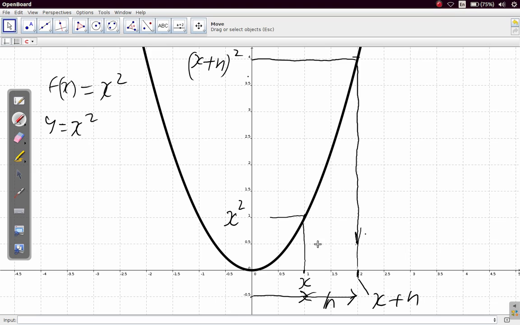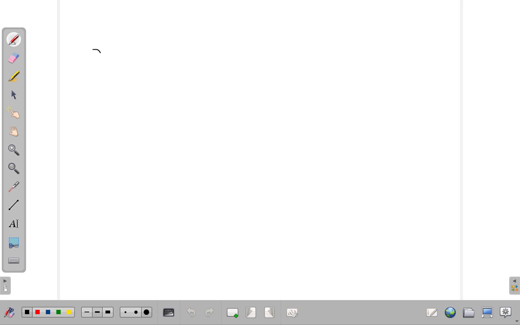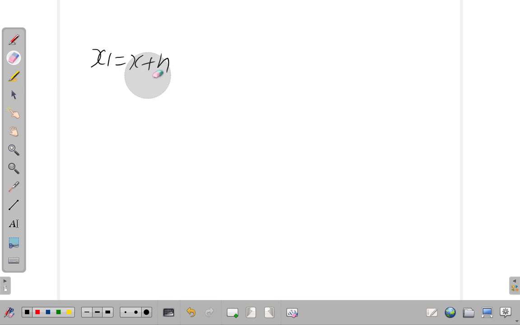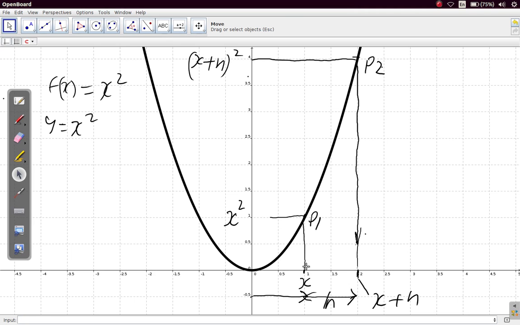Now, let us call this point point 2 and this point point 1. So x1 is x. Alright? So this is point 1. So x1 is x.